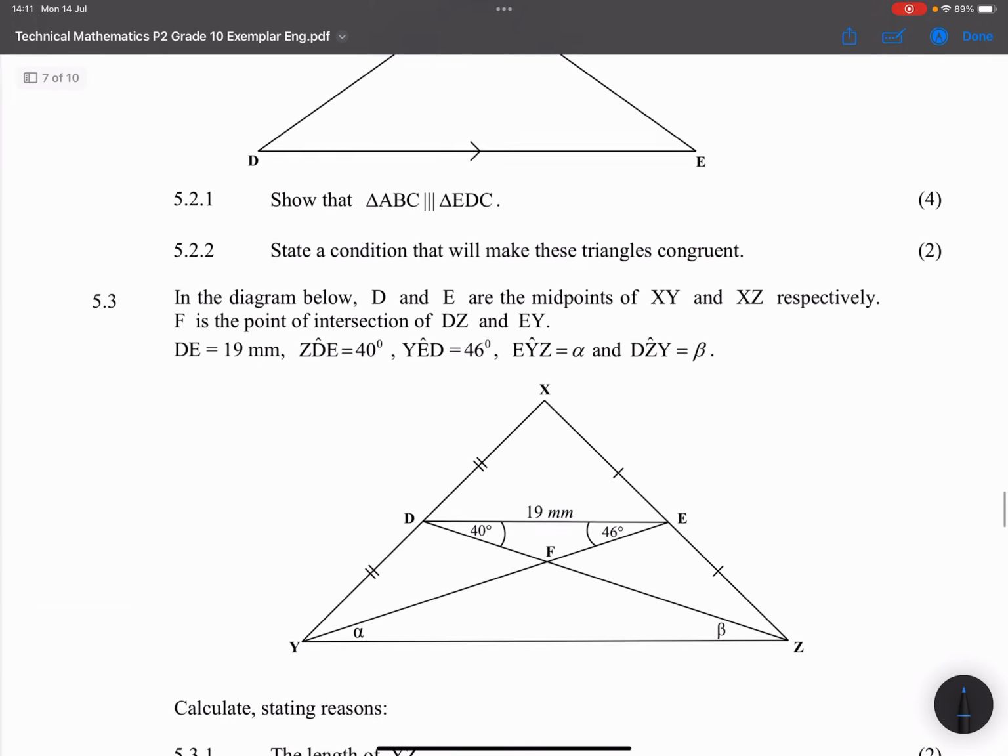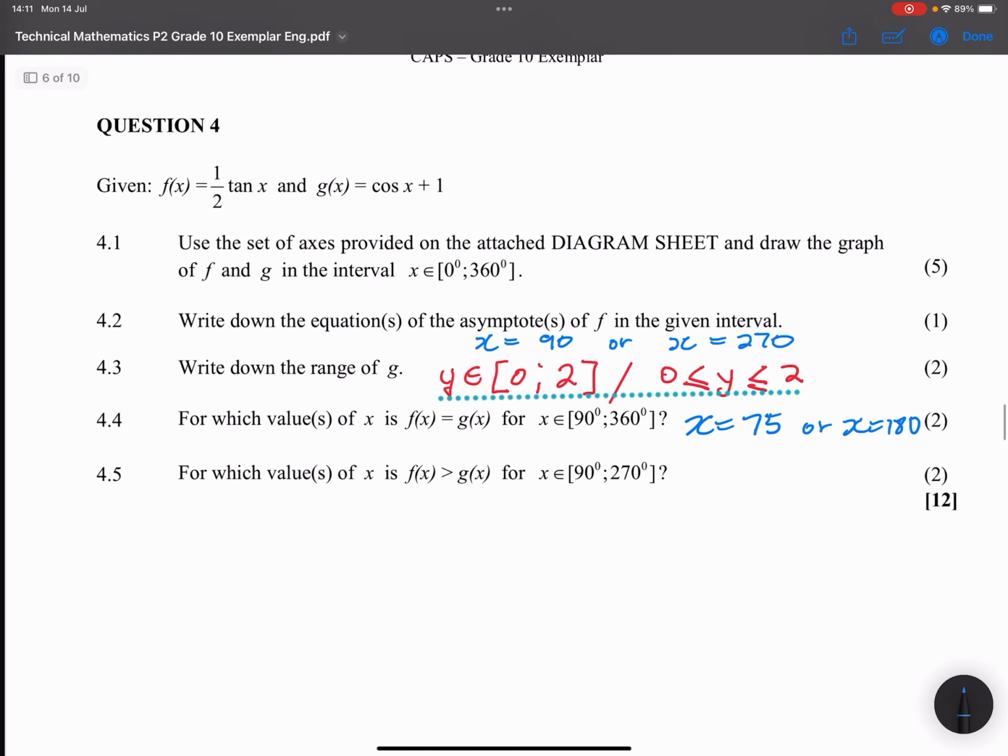Right, so what are we going to do to express that? We're simply going to say x is an element of 180 all the way till 270, and both are excluded. Another way that you could have written that is x is greater than 180 and less than 270.